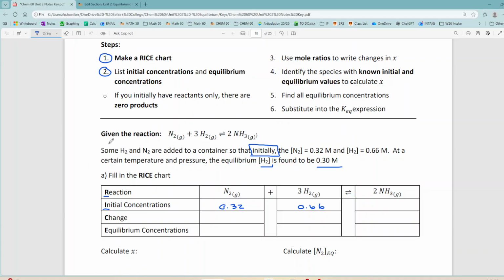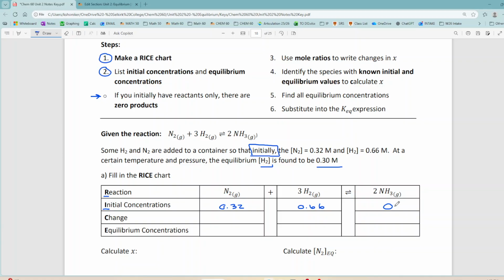Now there's a nice little follow-up fact for this, which is that because this is initially, I'm telling you that we're putting nitrogen and hydrogen together to react. That's how much nitrogen, that's how much hydrogen. It's not in a mole-to-mole ratio. It's just the amount I've thrown into a container. One of them might be a limiting reagent. But the key thing is that because I'm throwing these together, there is no product to start.